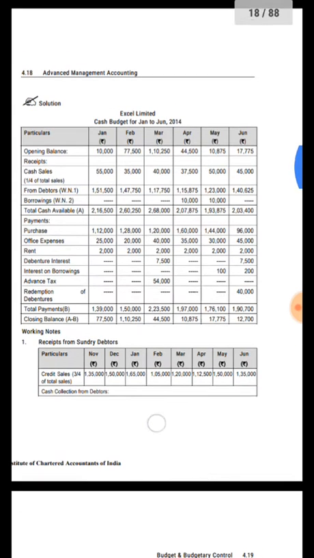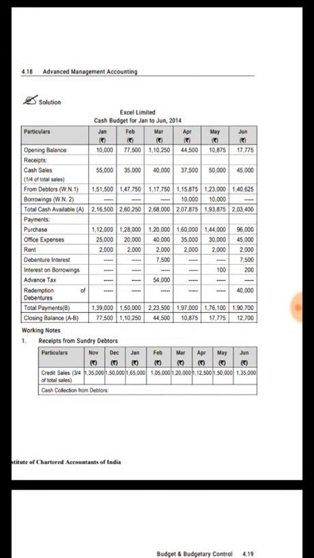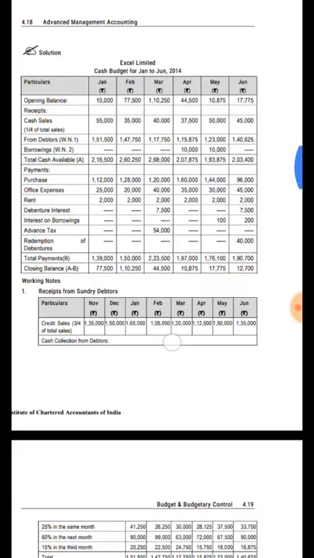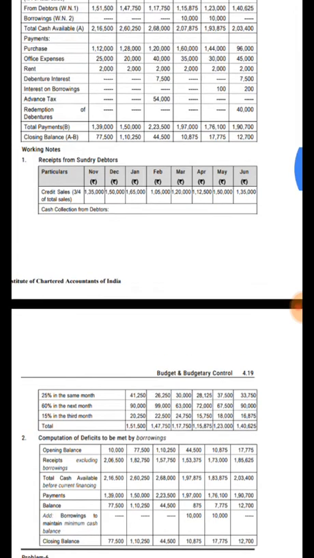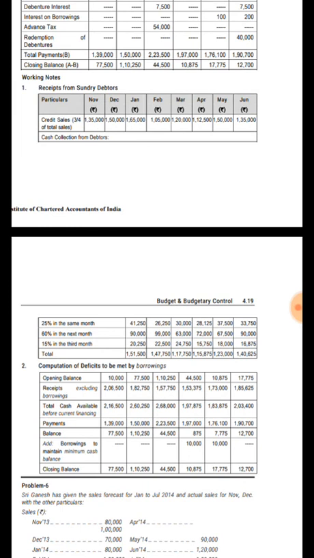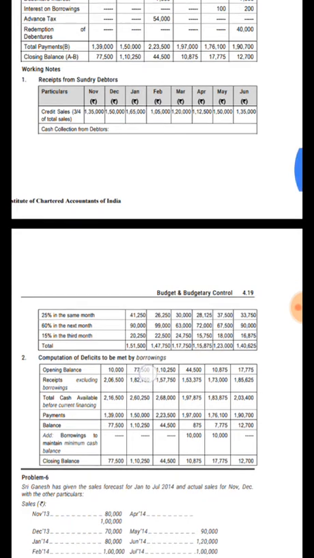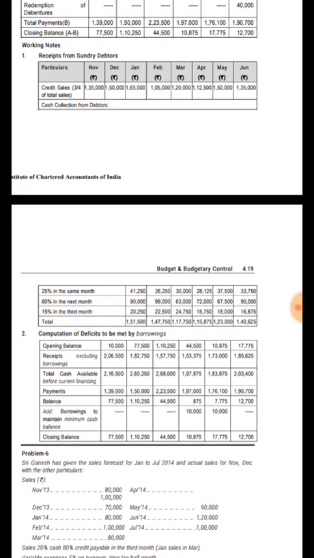Receipt was 1,51,500 and 55,000. Total cash available is 2,16,500 and payment is 1,39,000. So balance is 77,500. There is no need to borrow because it is more than 10,000. So closing balance 77,500 will go to the next month.